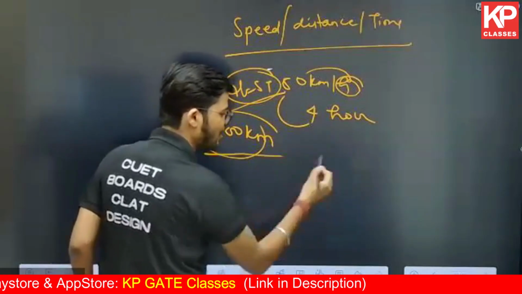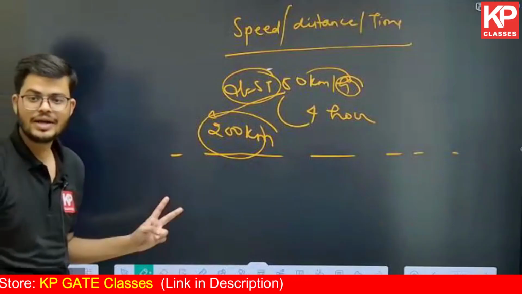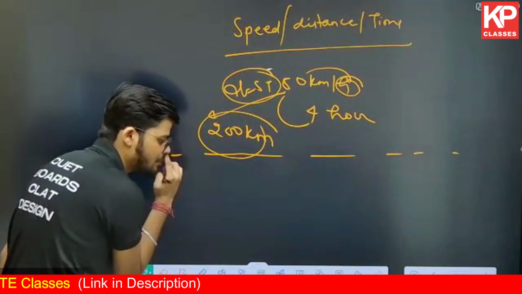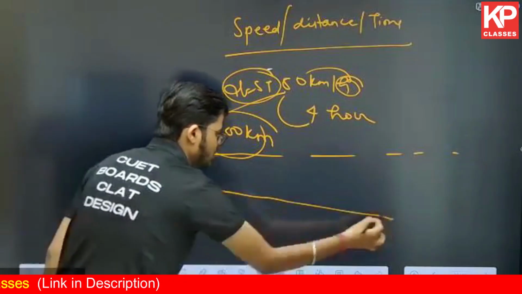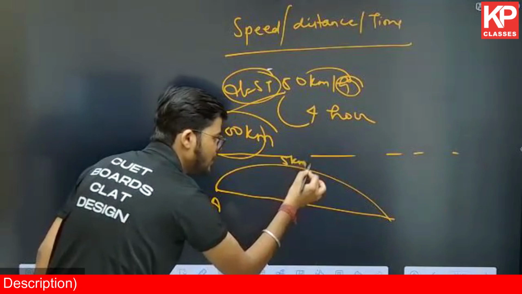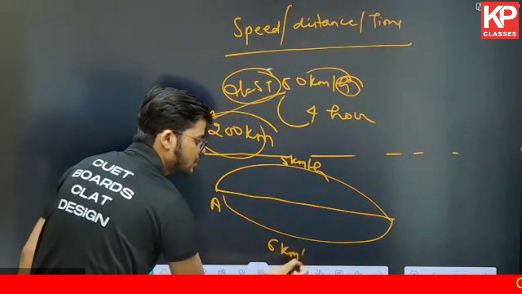Now, in some cases, you will find that there are two speeds. For example, there is a man who is going from place A to place B at what speed? 5 km per hour. In the other case, he is coming back at what speed? 6 km per hour. Right?